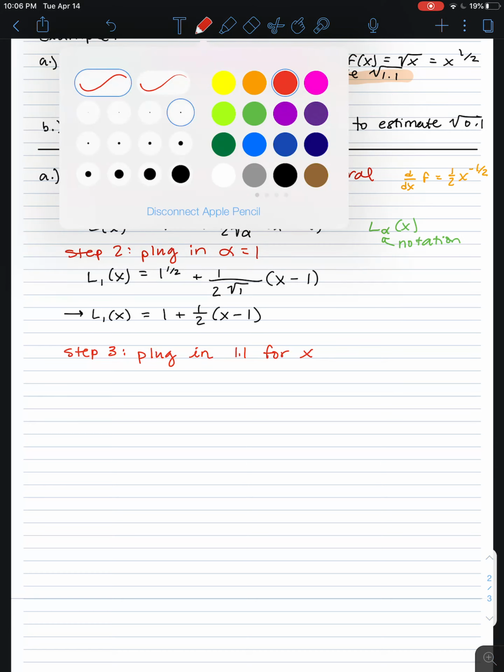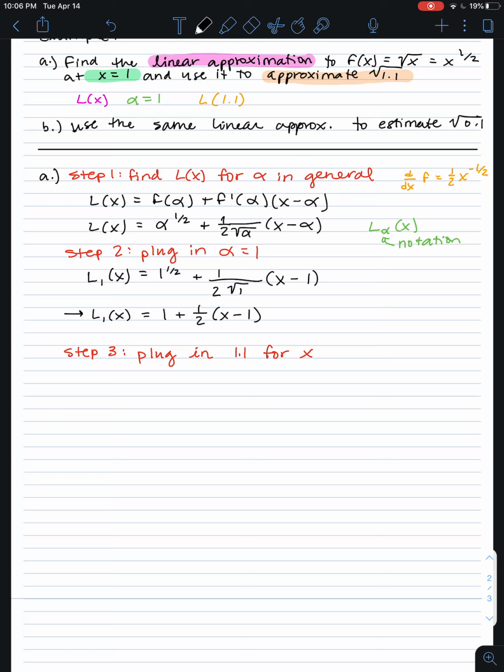And that'll give us our approximation. So we have L sub 1 of 1.1 is equal to 1 plus 1/2 times 1.1 minus 1, which is 1 plus 1/2 times 0.1, which is just 1.05.